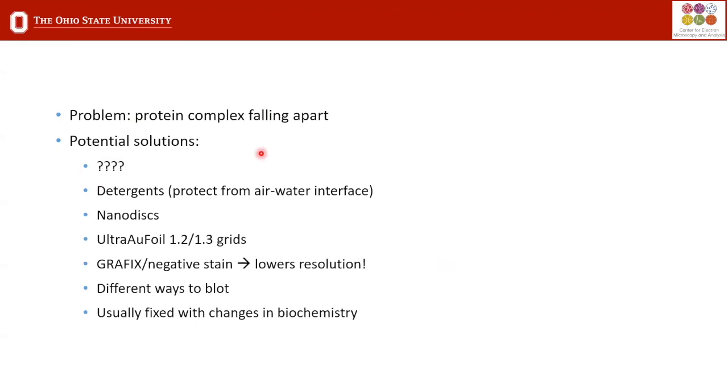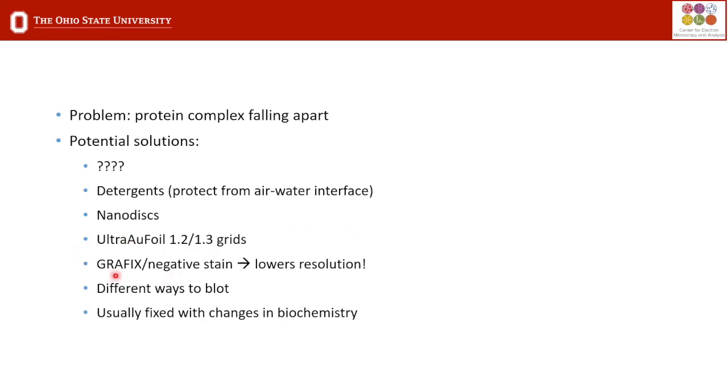So if you can form a shield that stops your protein from getting to the air-water interface by using detergent, hopefully you can stop it from falling apart. For membrane proteins, many groups have found success embedding them in nanodiscs. One interesting thing, and I'm not sure why this works, but sometimes it does, is switching from carbon grids to gold grids. So I'll show you an example of that pretty shortly.